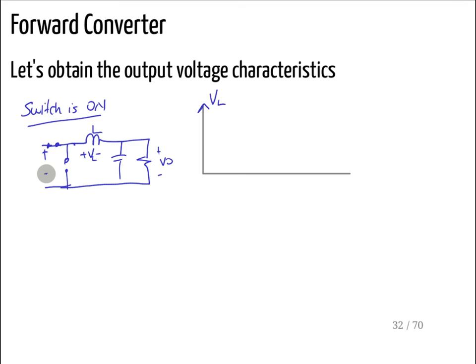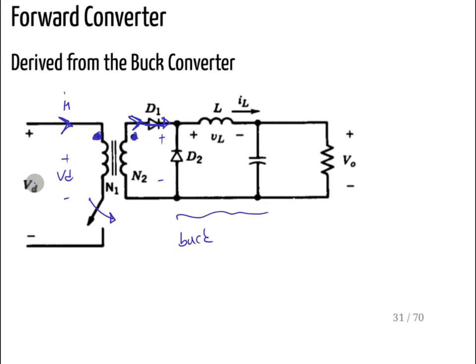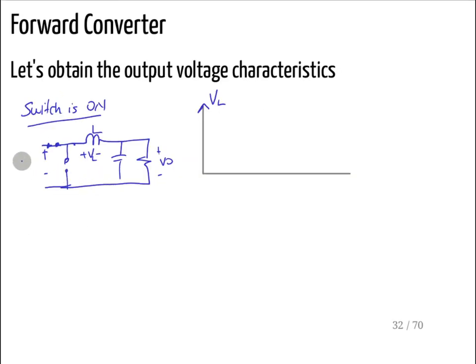So that voltage here will be Vin or VD times N2 over N1, right? So it is the normal transformer ratio. So VL in that case will be equal to, on one side you have VD times N2 divided by N1, minus, and on the other side you have VO.